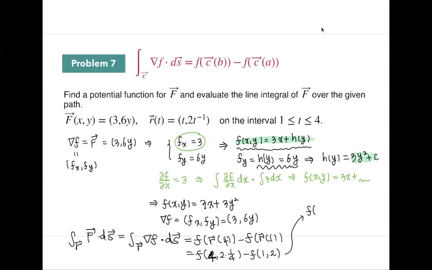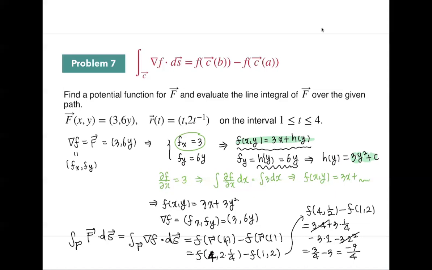So f of 4 comma 1 over 2 minus f of 1 comma 2, and for this f, we can say 3 times x plus 3 times y squared, minus 3 times 1 minus 3 times 2 squared. So it'll be the same thing, and we say 3 over 4 minus 3. So it'll be negative 9.